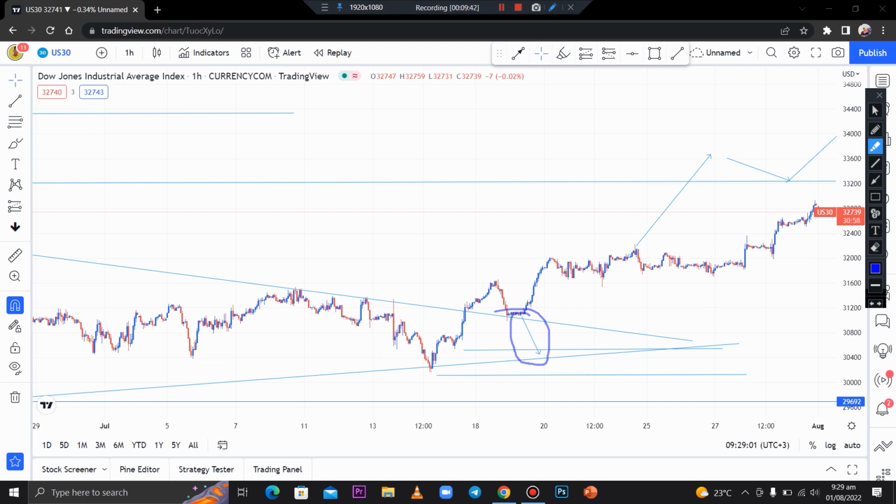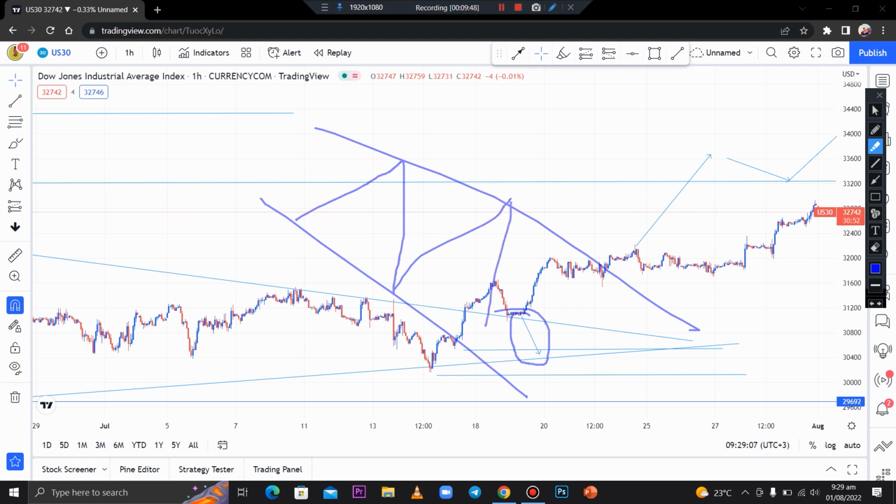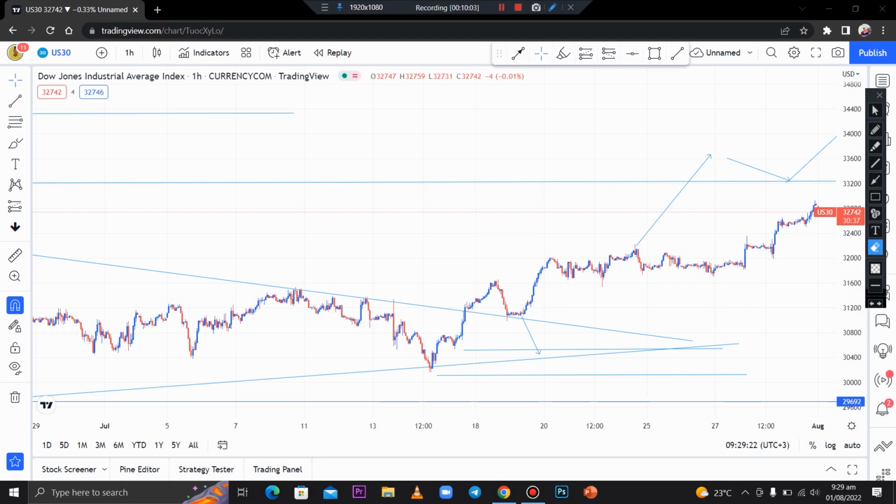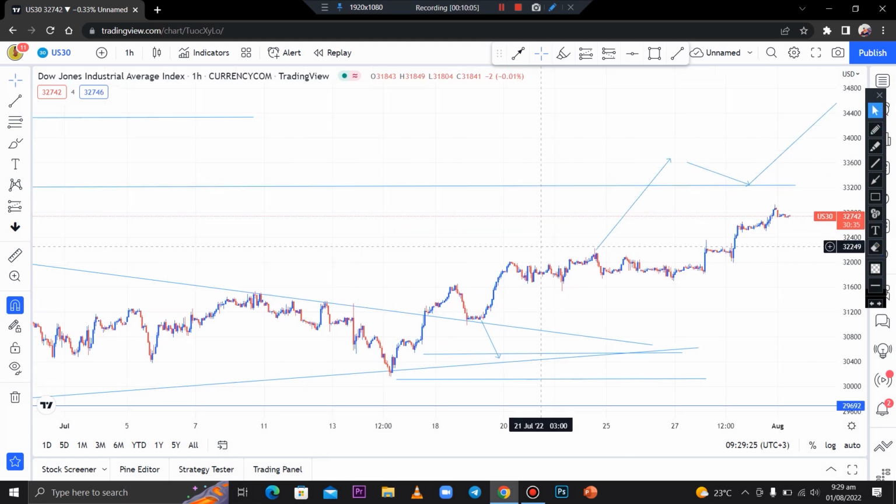Since it was being respected multiple times, my expectation was, if we break above, we are going to break above and then come back for a retest and push to the upside. Or if we don't break above, of course, we have to come back to the downside, right? So we had two assumptions in here, and we definitely had to take one of the two.